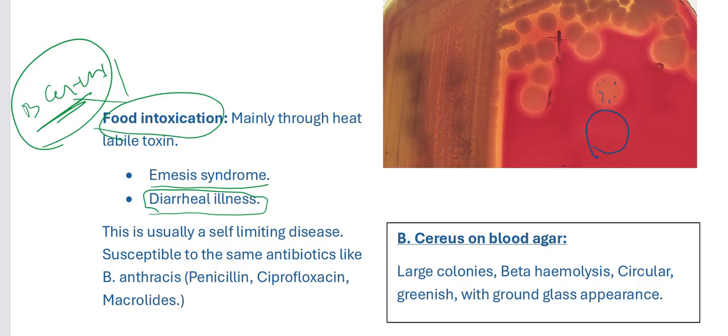Usually this is a self-limiting disease, so it's usually managed by good fluid intake and limiting food. Rarely antibiotics are needed, but it's susceptible to the same antibiotics as Bacillus anthracis: penicillin, ciprofloxacin, macrolides, and a few strains of Bacillus cereus are resistant to penicillin and penicillin G.